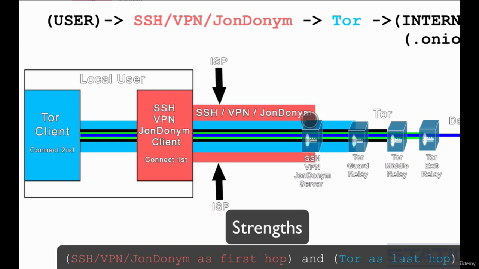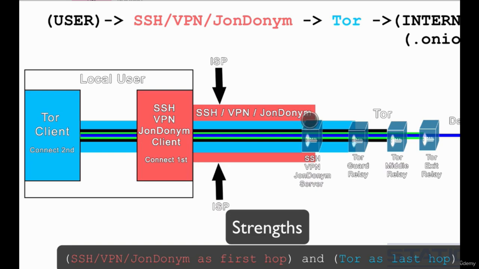The Tor client has a list of nodes from a directory server. Then the Tor client establishes a random connection via nodes for the target and passes some data over the encrypted channel. And now let's talk about weakness via SSH, VPN, JonDonym.